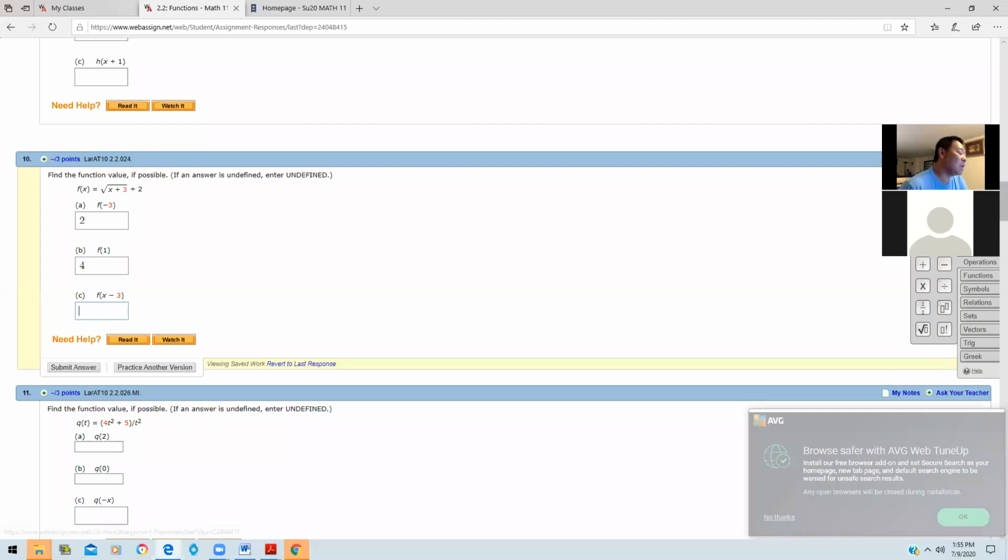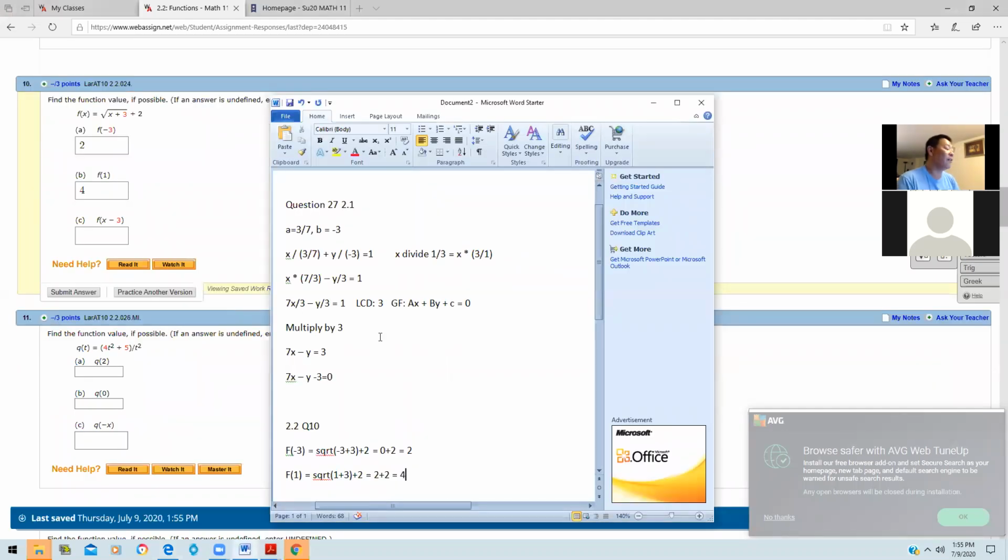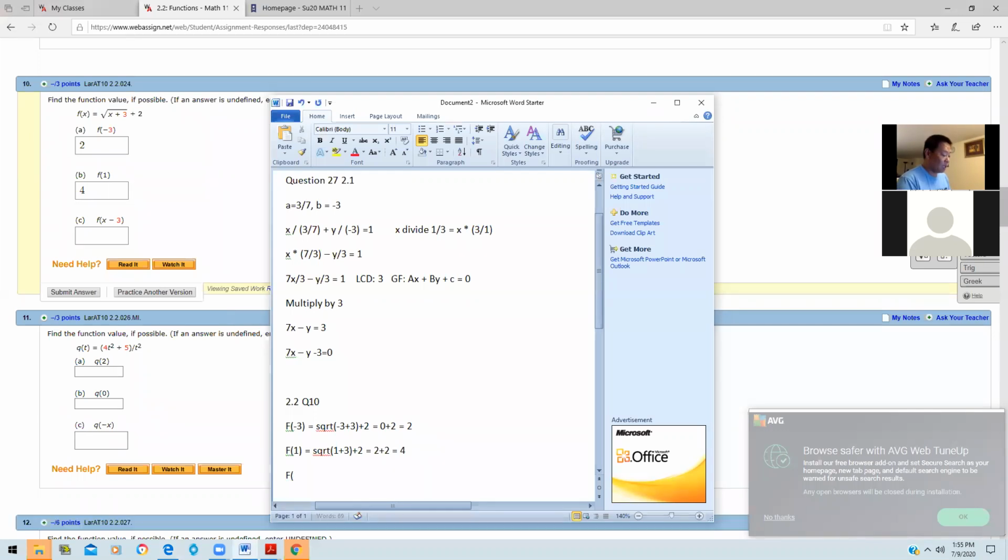But the last one is the trickiest one because this is no longer a number. This is x minus 3, the variable. So in this case, what we need to do is take square root of x plus 3, plus 2, where the x in the original equation will be replaced by x minus 3.